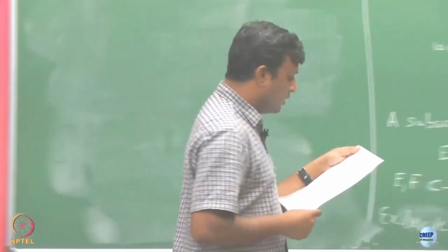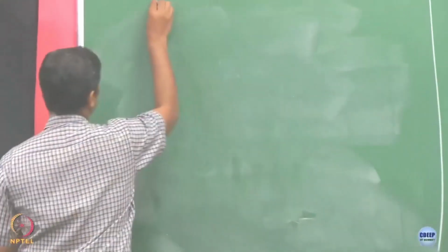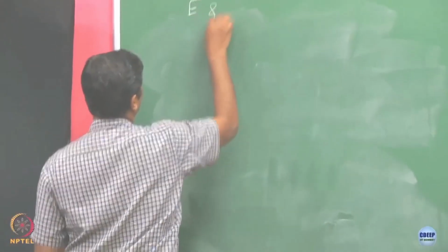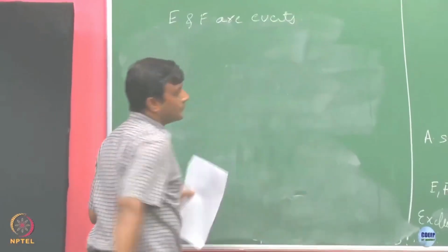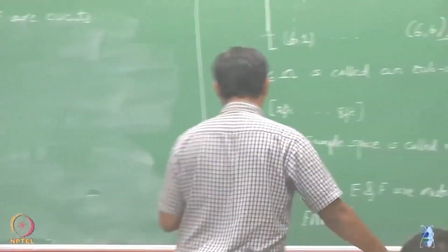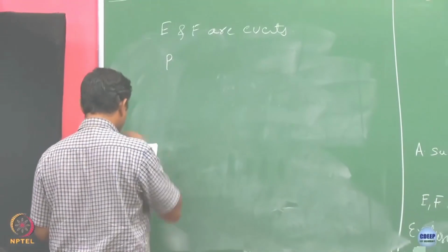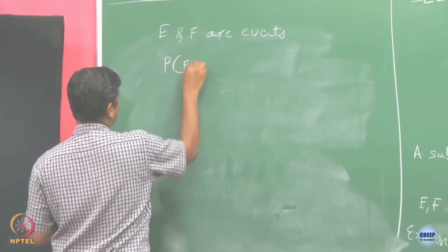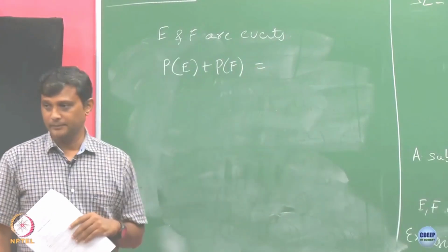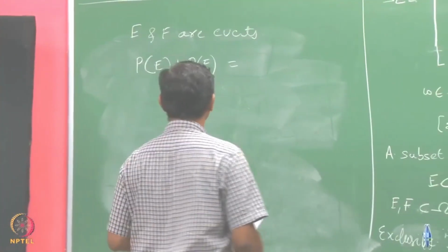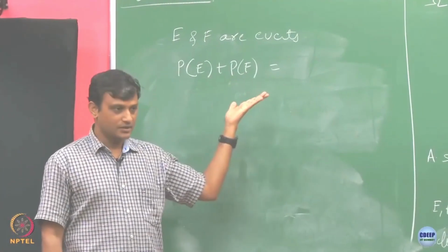Okay, fine. Now, suppose E and F are two events, and I am interested in finding probability of E plus probability of F. I am not saying that E and F are disjoint.